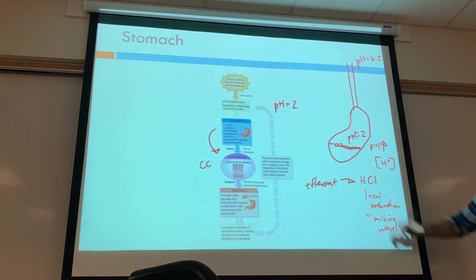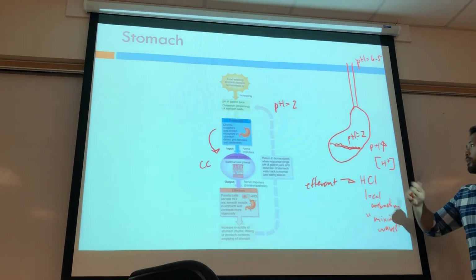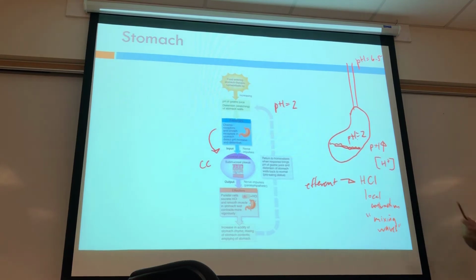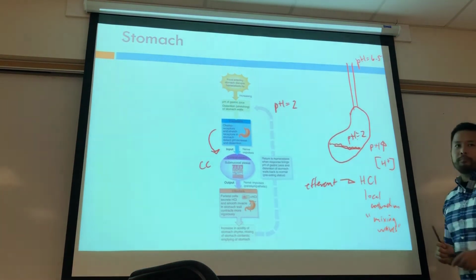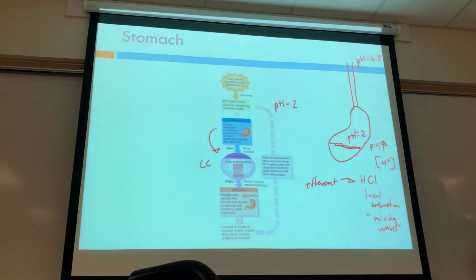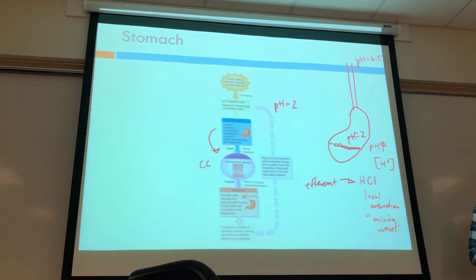And we have chemoreceptors that will detect the changes in the pH, or in other words, detect the changes in the concentration of hydrogen ions with that of the entire volume. So the chemoreceptors detect the changes, and therefore again, lend that back to the control center, which will signal the production of hydrochloric acid.